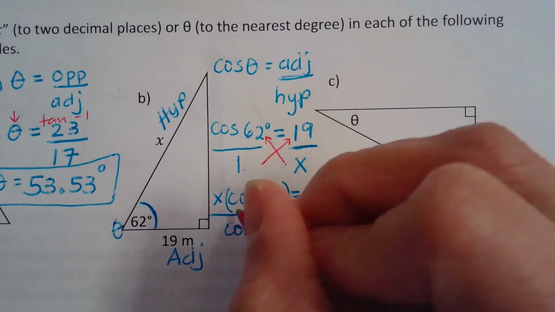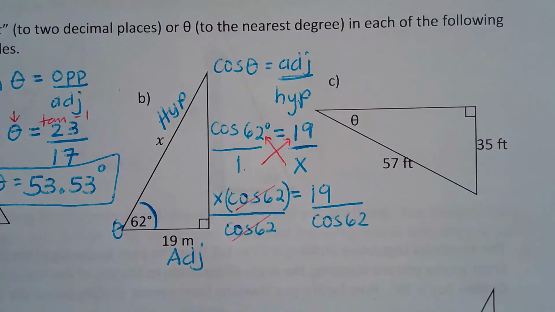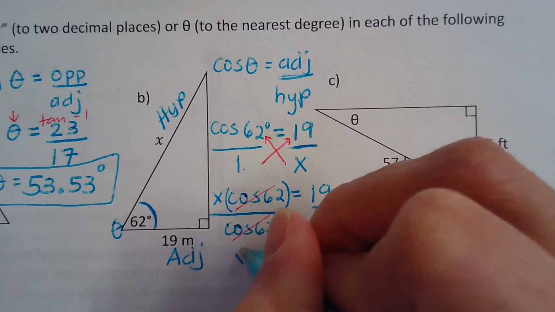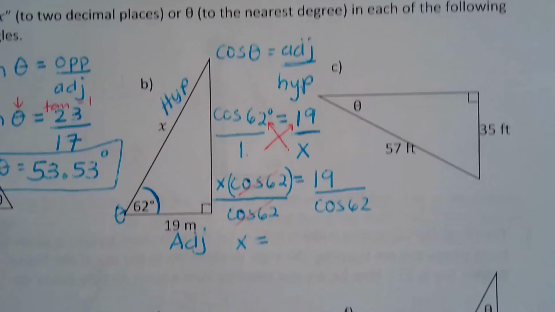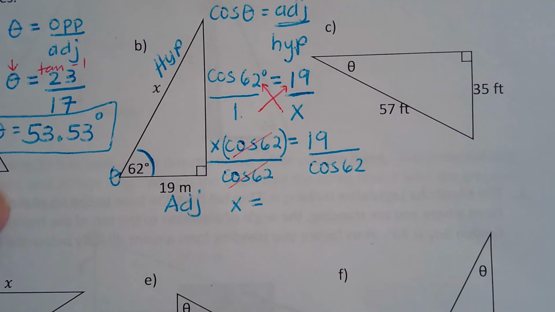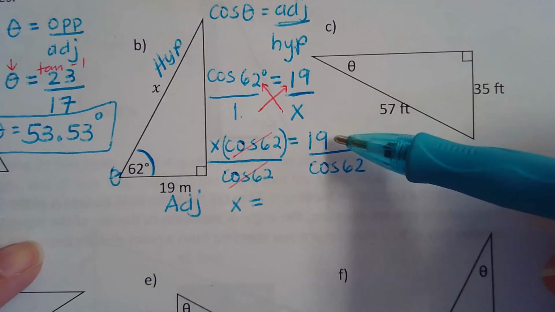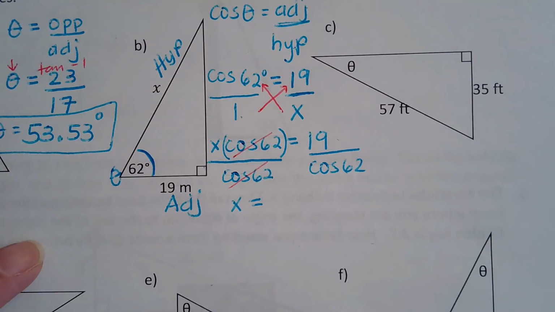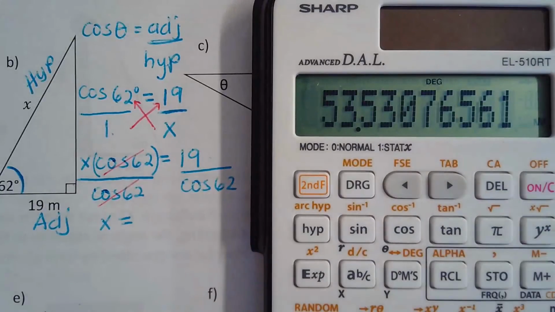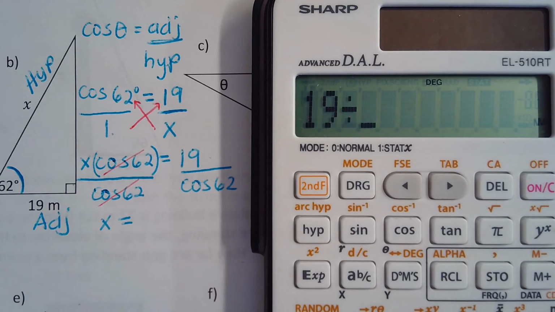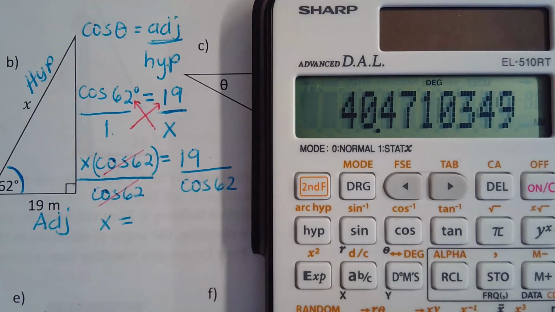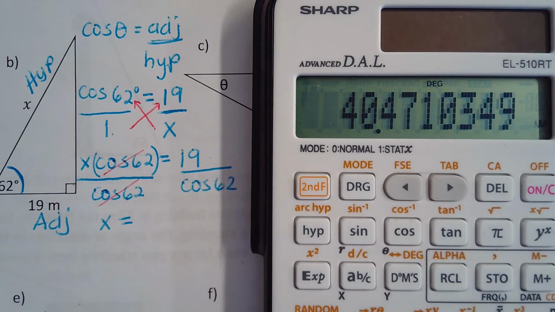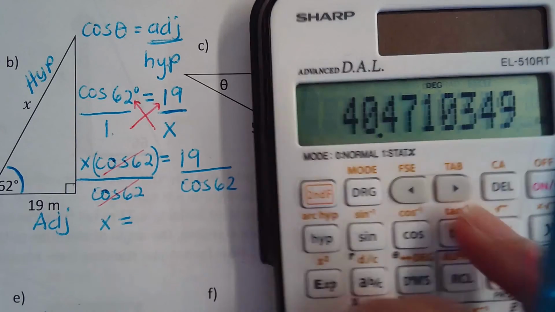So the cos 62 cancels out, and we're left with x alone. So x is equal to 19 divided by cos 62. The answer is 40.47.